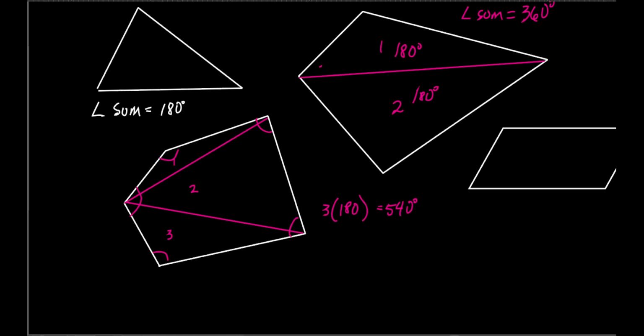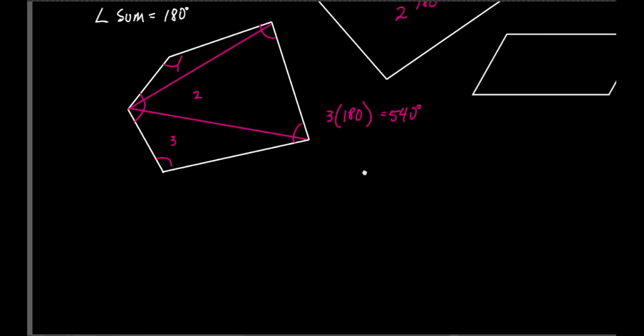It doesn't matter. I could have 4 sides, 5 sides, 6 sides, 7, 8, 9, 10, 1,000, a million. We could find the sum of the angles of any convex polygon. Let's do one more. We'll draw one more, because we are going to do a little bit more than that. So let's draw a hexagon.